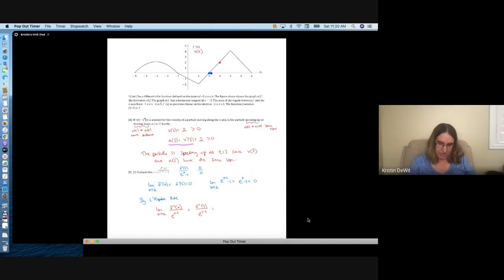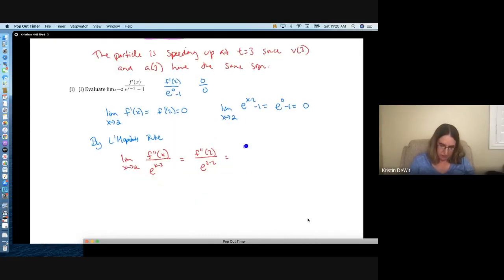The slope of this line is tempting to want to put 0, but we're looking for the slope of the f prime. So that slope was up 2 over 1 again. So we get 2 over e to the 0, which is 2 over 1, or just 2. And so now I can leave the equal signs because that actually is what the limit equals.